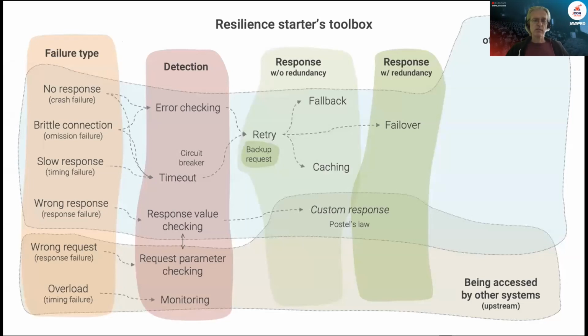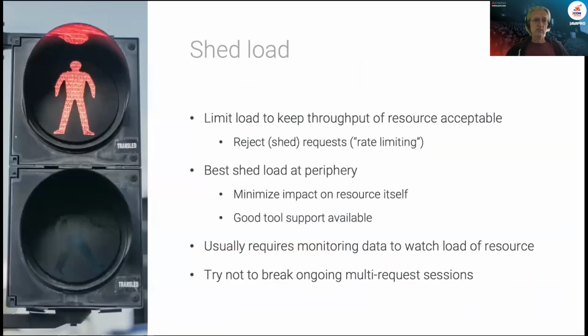And what can we do if we figure it out? Yeah, for request parameter checking, it's obvious. It's the same thing as with response value checking. And for monitoring, it depends if we have redundancy or not. Without redundancy, we need some kind of load shedding. So shed the load. We usually know it as rate limiting or like that.